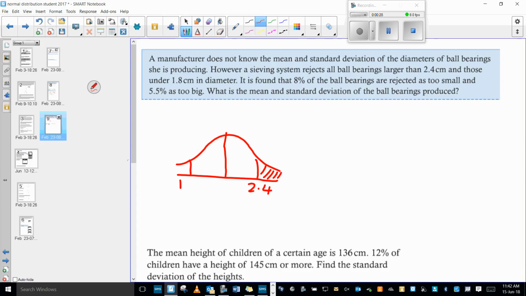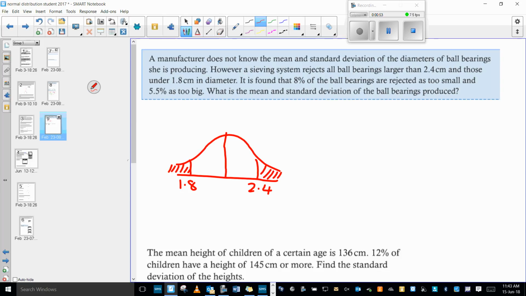So that's that. Wait, mine looks the other way around. Oh, so the unshaded is what we keep. So it's rejecting the more than... Does it matter which way they are? It says larger than 2.4, so wouldn't that be the smaller?